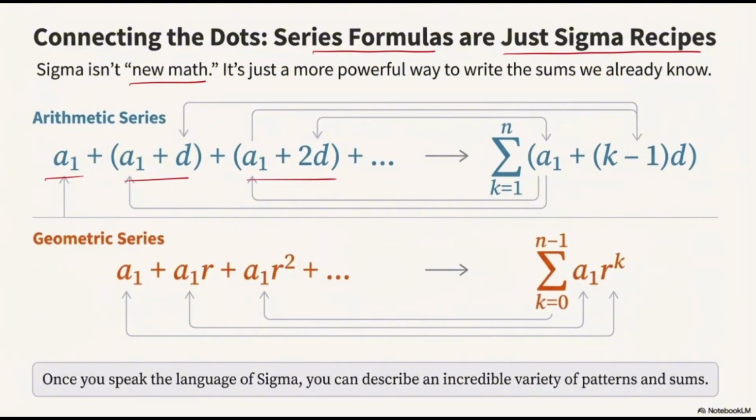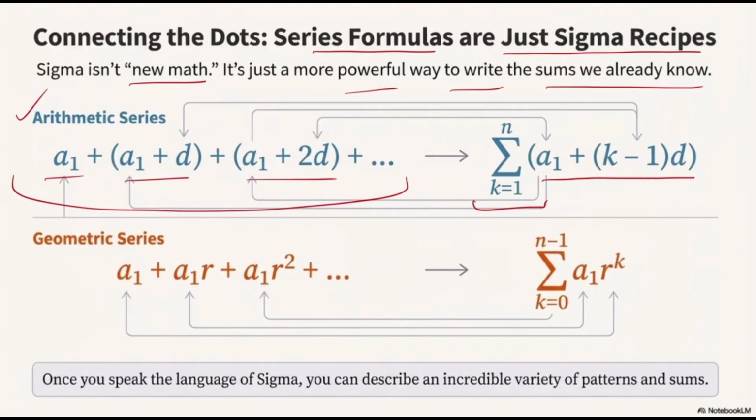It's just a more powerful way to write the sums we already know, the arithmetic operations. We have a1 plus (a1 plus d) plus (a1 plus 2d). Instead of writing everything out like this, which is completely messy, we can write it down like this: k equals 1. It means that if I just write 1 as the first number, it's going to be my first number, a1.